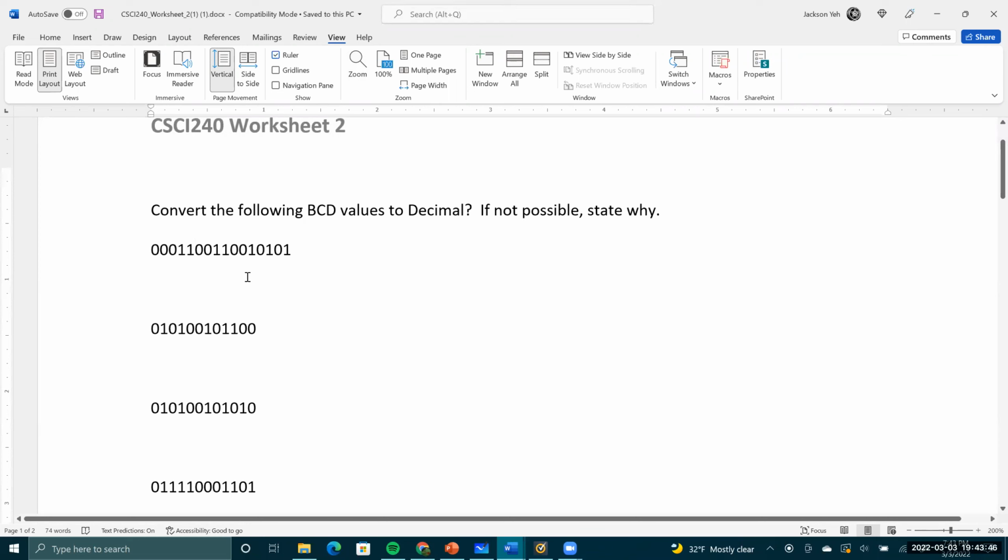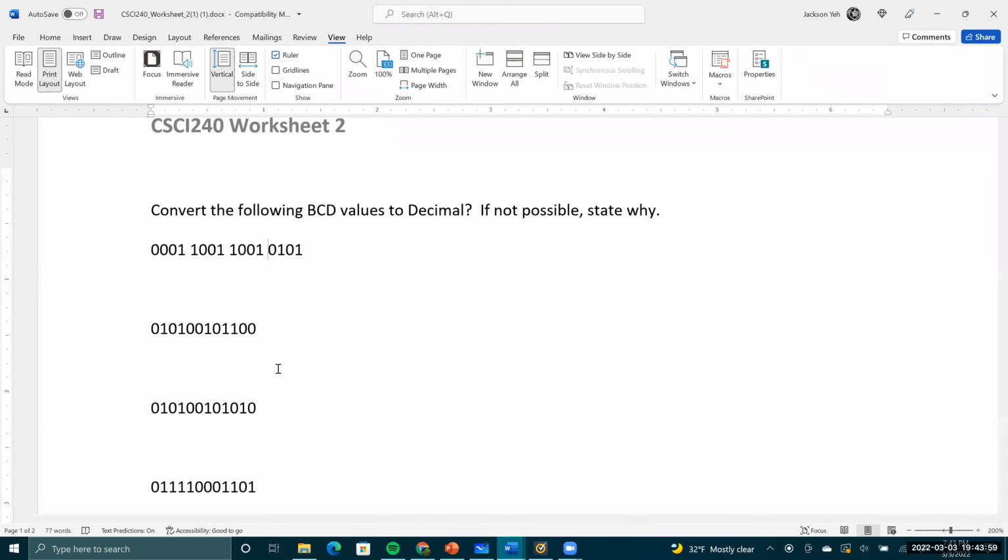BCDs are groups of 4, right? So I'm going to put groups here, separated so it's easier to see. The first problem asks: convert the following BCD values to decimal. If it's not possible, state why. So this would be 1, 9, 9, and 5, and done.